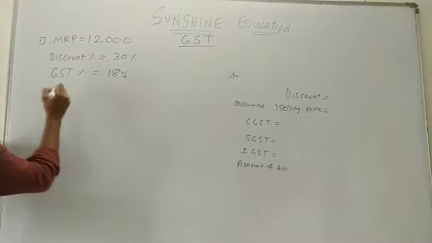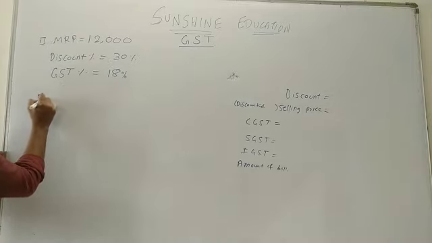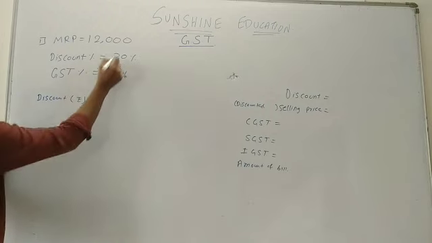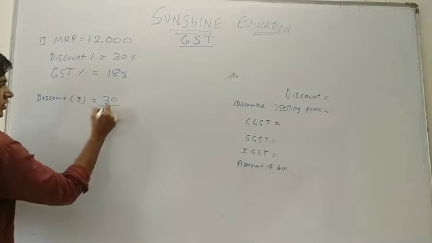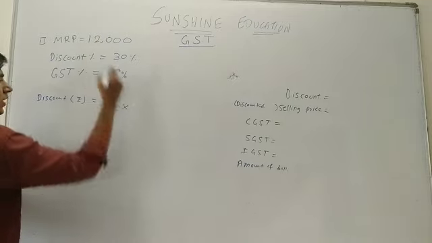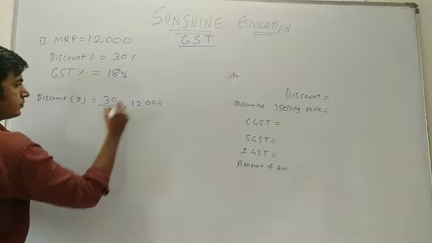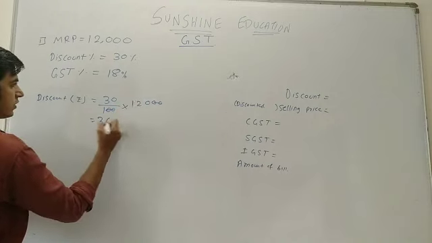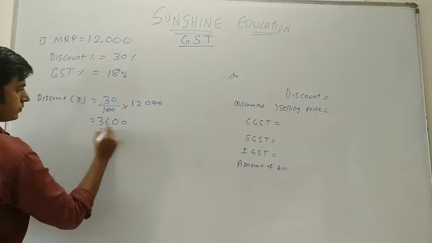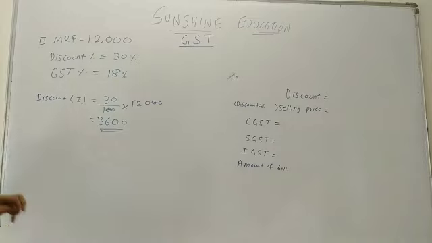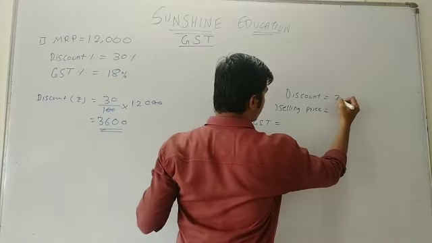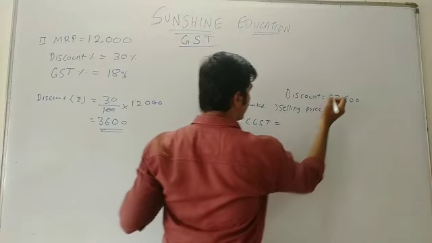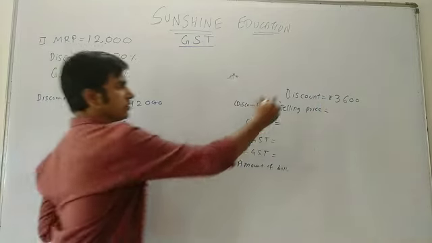Discount in rupees will be 30% (percentage is always upon 100) multiplied by 12,000. 0, 0 cancel. 12 3s are 36. So the discount is rupees 3,600.